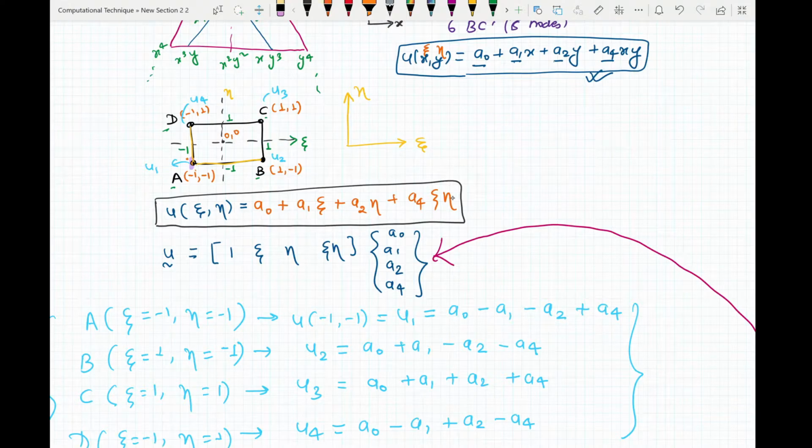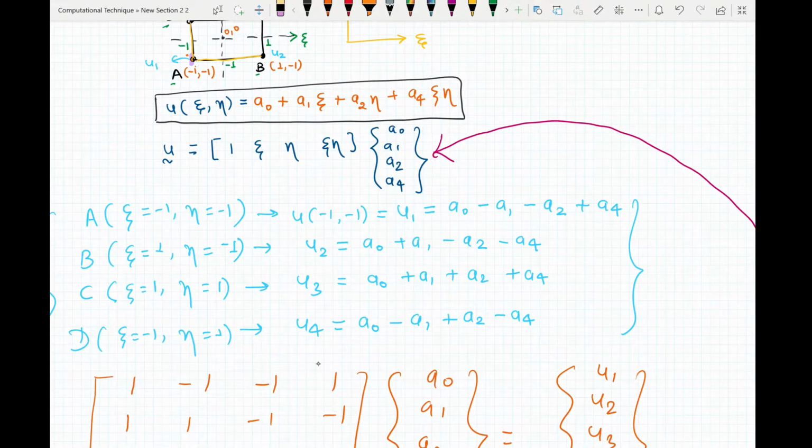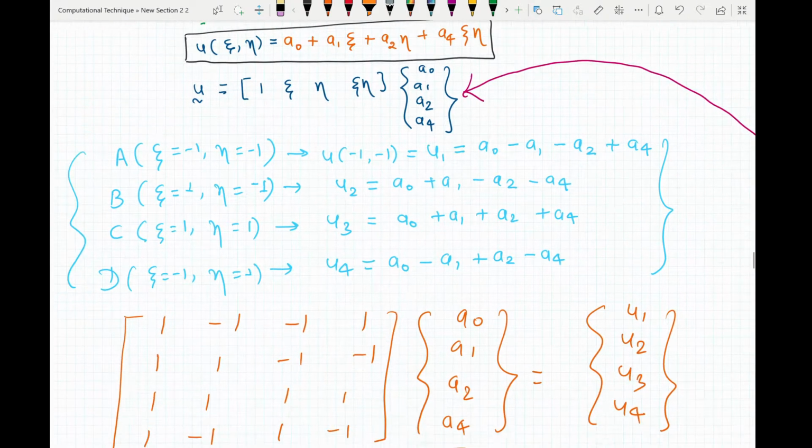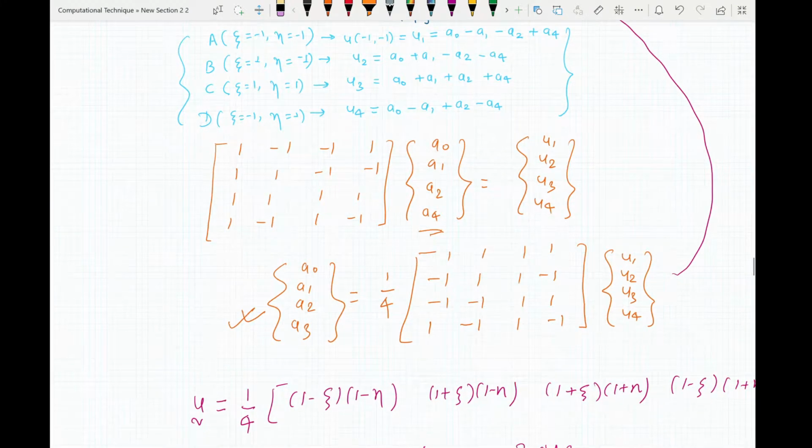Here we assumed a shape function having 4 terms, 4 coefficients, and then we used 4 constraints to obtain 4 equations, and then we solve for our coefficients.